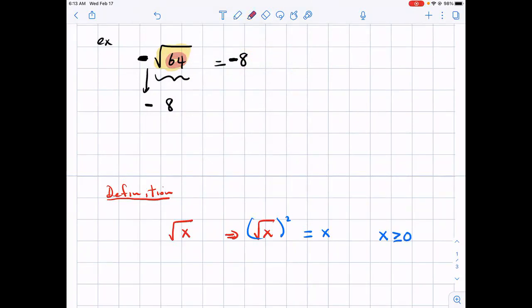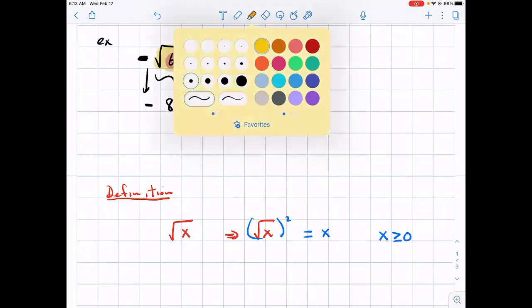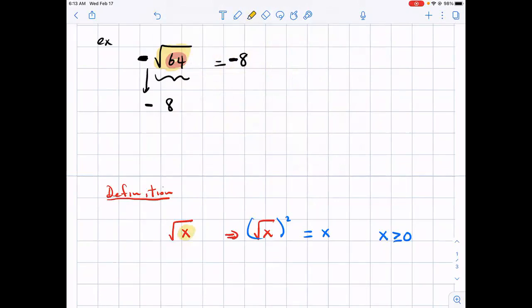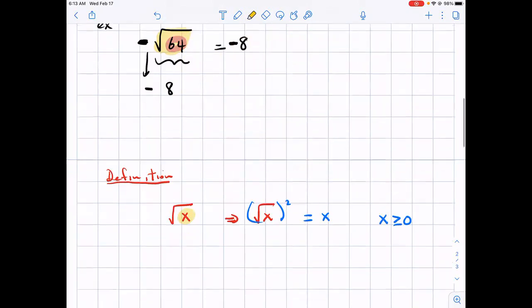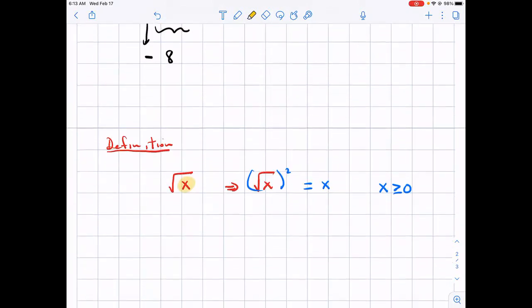This here must be some positive number. It's the same. So here, these are square roots.